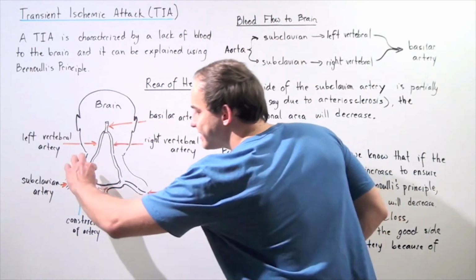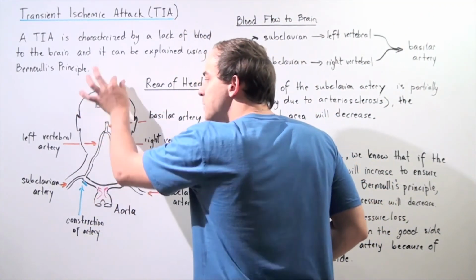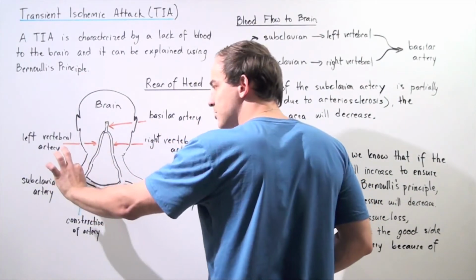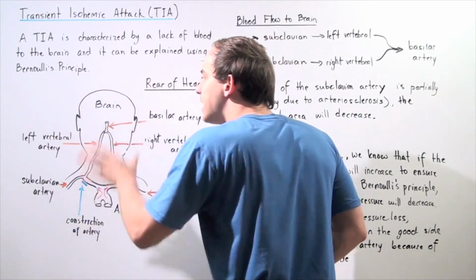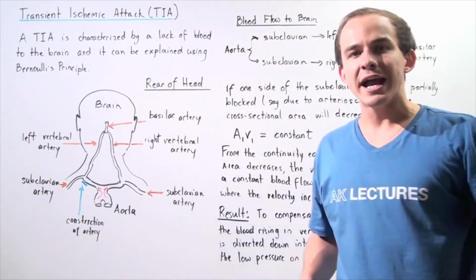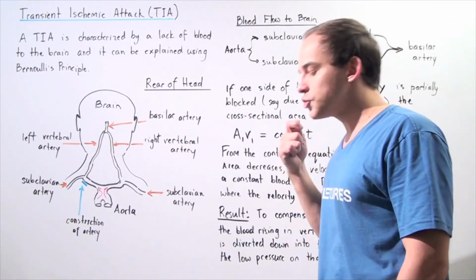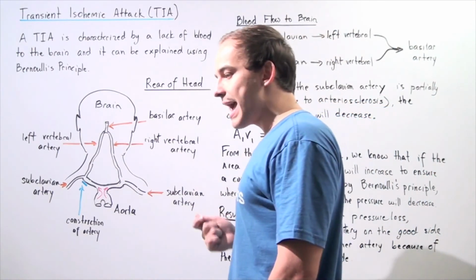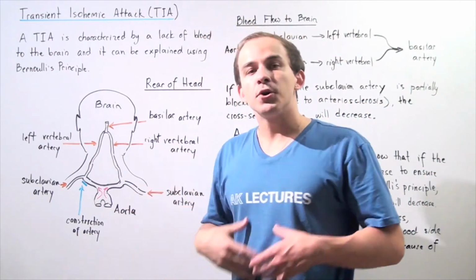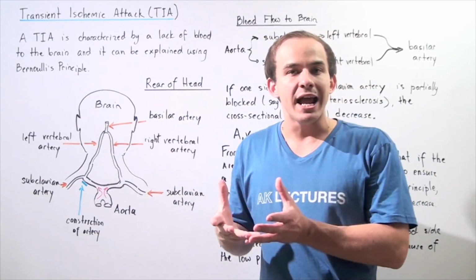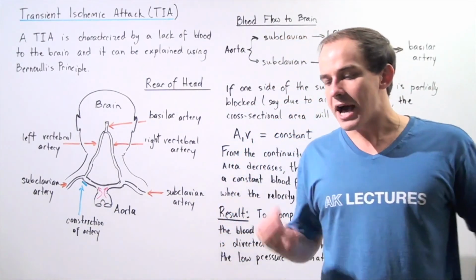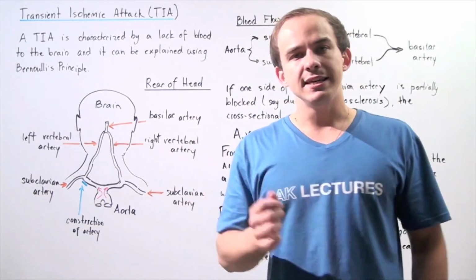The blood that is initially meant for this section rushes back down to this section, and so we have a lack of blood that reaches our brain. Now we have a TIA, or transient ischemic attack. So we used Bernoulli's principle to explain a medical phenomenon called transient ischemic attack.